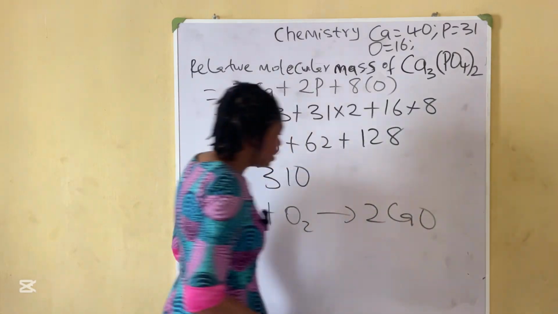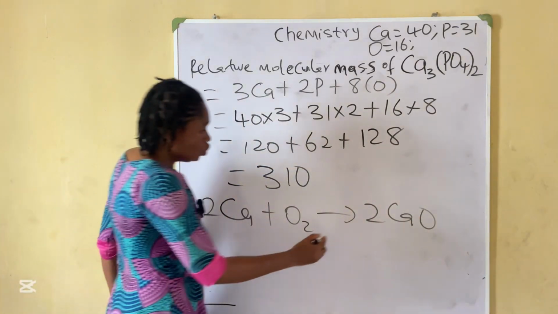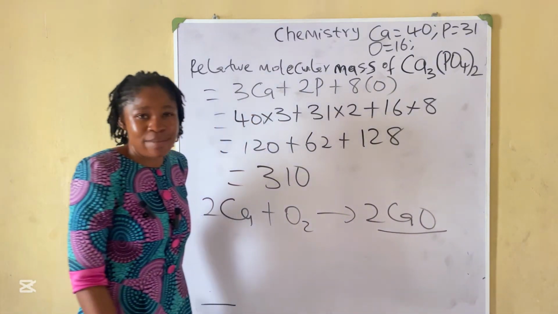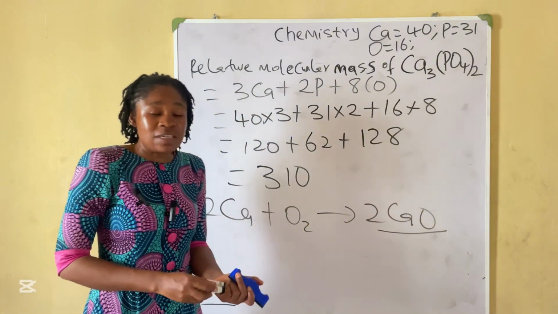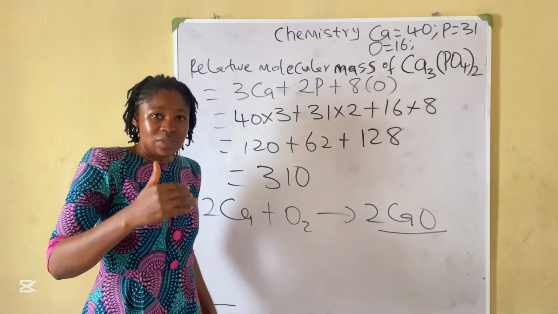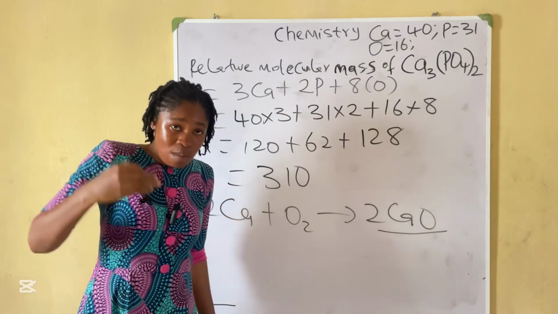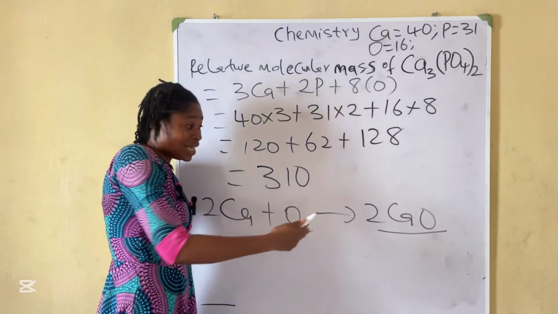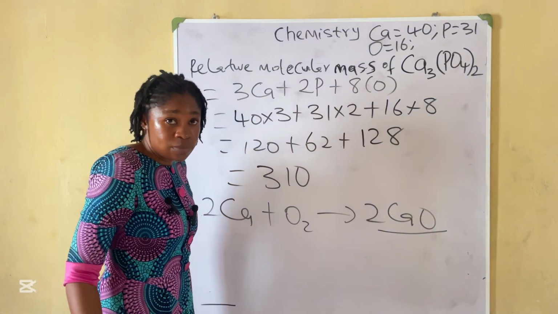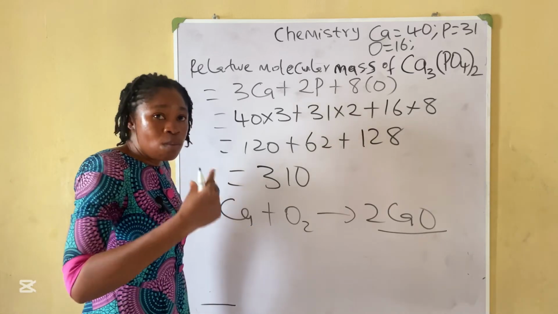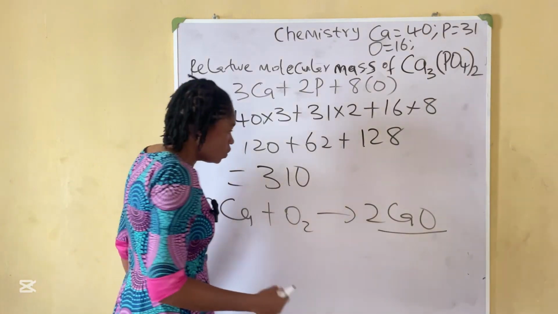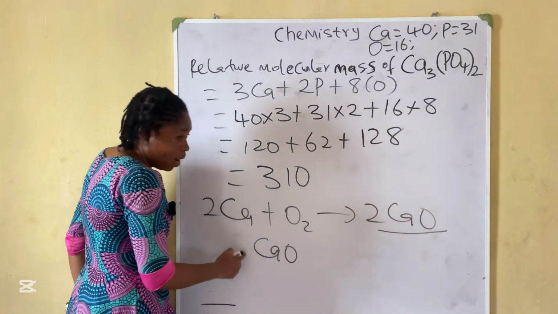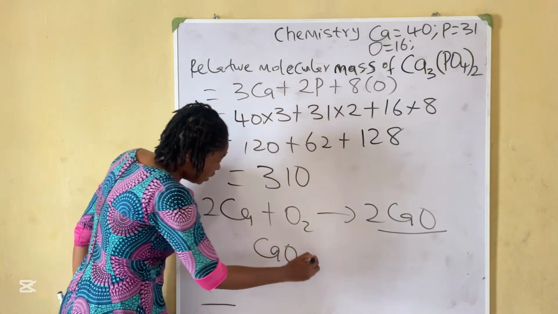If you're asked to calculate the relative molecular mass of calcium oxide, and here you have 2 molecules of calcium oxide. Remember, in the definition, relative molecular mass is just 1 molecule of that substance, 1 mole of that substance. So I'll ignore these 2, because if I do 2 times everything I have here, it will be wrong. So relative molecular mass is always 1 mole, 1 molecule of that compound. So here it'll just be 1 times CaO, so it will now be 40 plus 16.